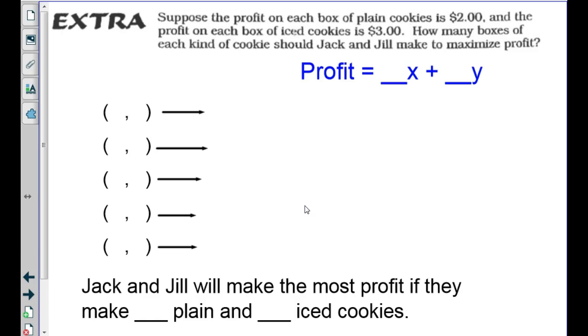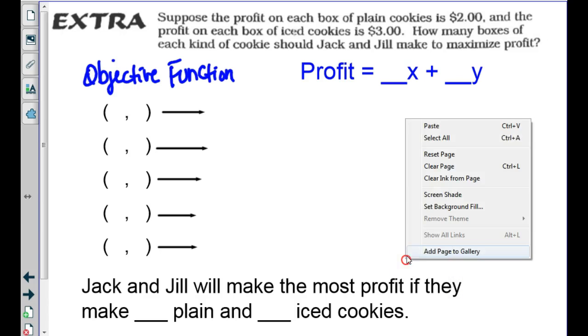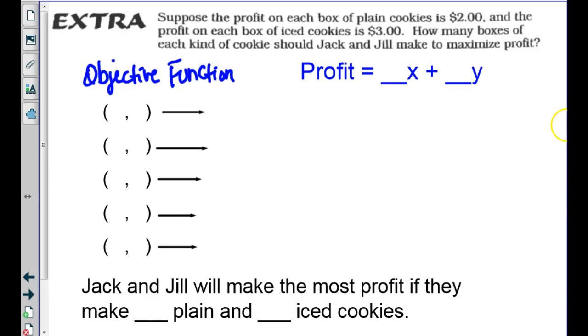This is what's called the objective function on the notes we were just looking at. Okay, this is at the bottom of 12b. Okay, so suppose the profit, you don't have the types, you just have it says extra down there. Okay, a little frustrated with my cursor as usual. There we go.